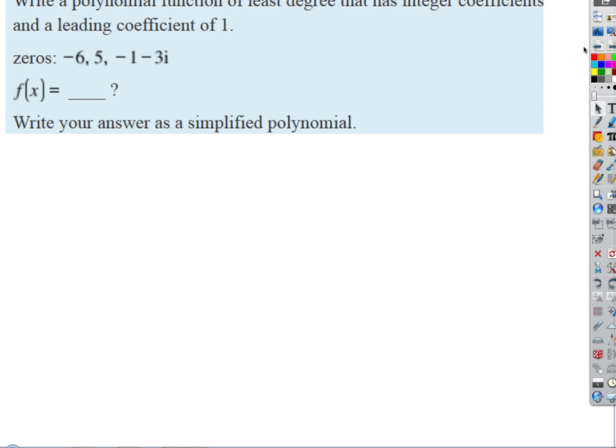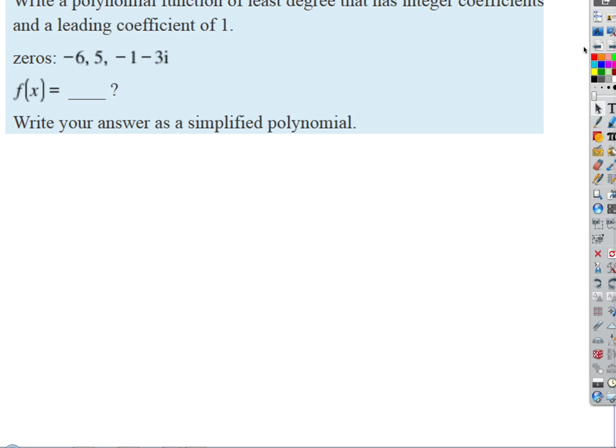So there are 3 zeros, so you might think cubic, but that's not it, because there has to be another one, doesn't there? How come? Because the last one's complex. Yeah, this one has an imaginary part, and complex numbers with imaginary parts always come in complex conjugate pairs.